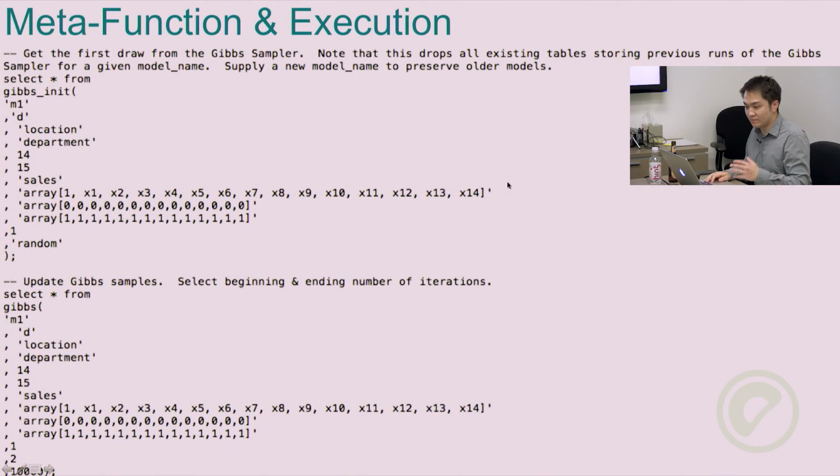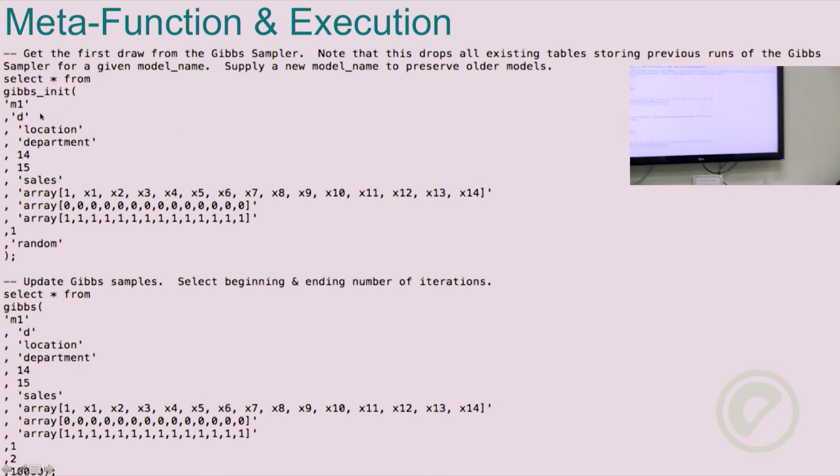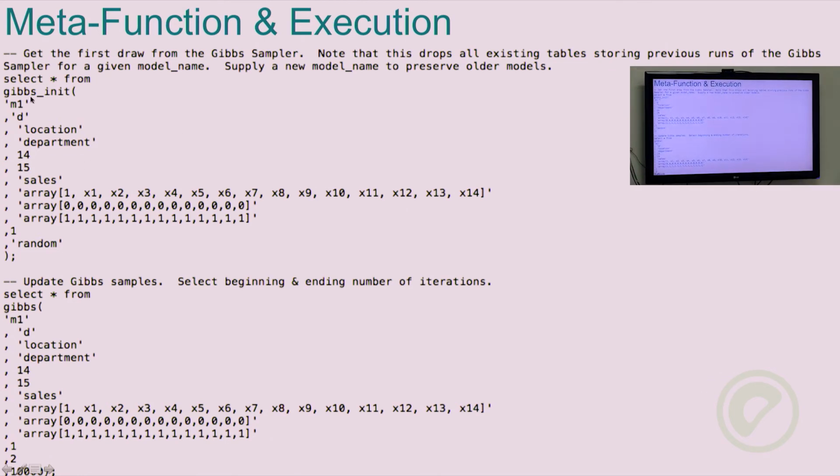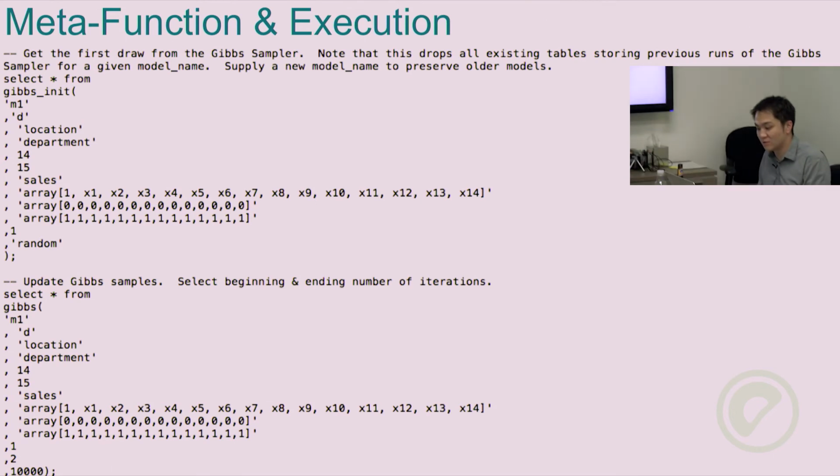Now in this meta function, this orchestration layer, we put it all together and package it up. We call it, let's say, a Gibbs init, and we create that function inside of Greenplum, and we specify a set of arguments that each of the different building block functions will need in their respective steps.